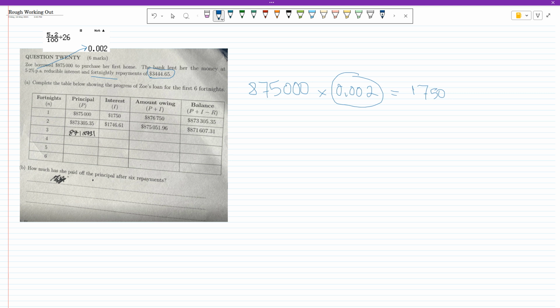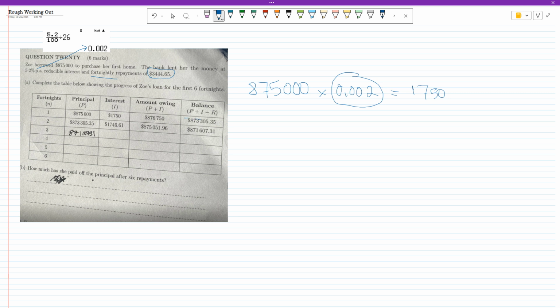So we owed this much, that increased by $1,750, we made a repayment of $3,444.65, and therefore at the end of the first fortnight we owe $873,000, not $875,000, because we repaid some of that.